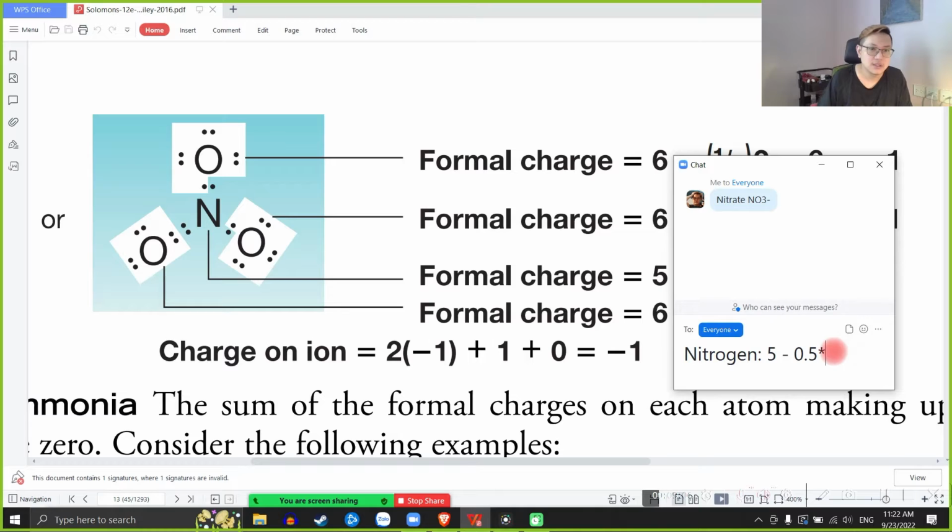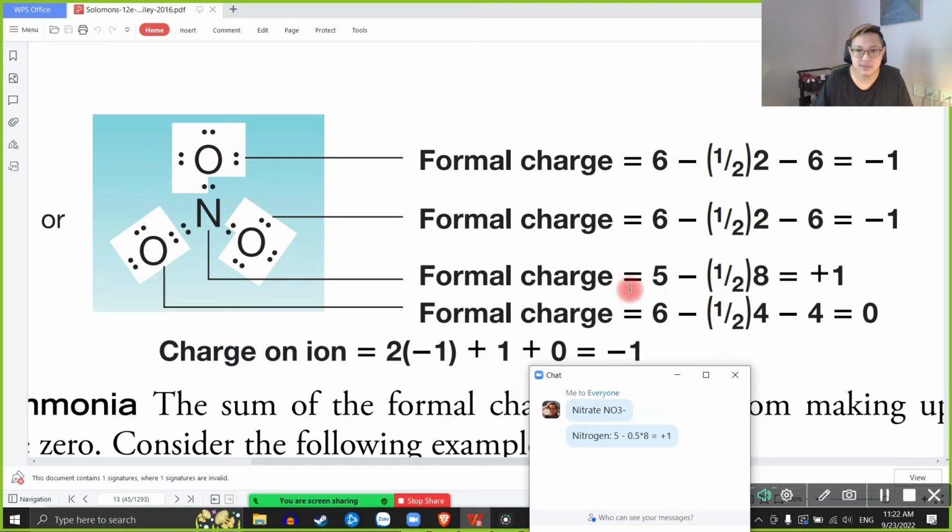Half of what? Half of 8, actually, because you have 8 electrons surrounding it, right? So it equals 5 minus 4, it's plus 1. So that's why this nitrogen has a plus 1 formal charge. As you can see here, formal charge for nitrogen is plus 1.